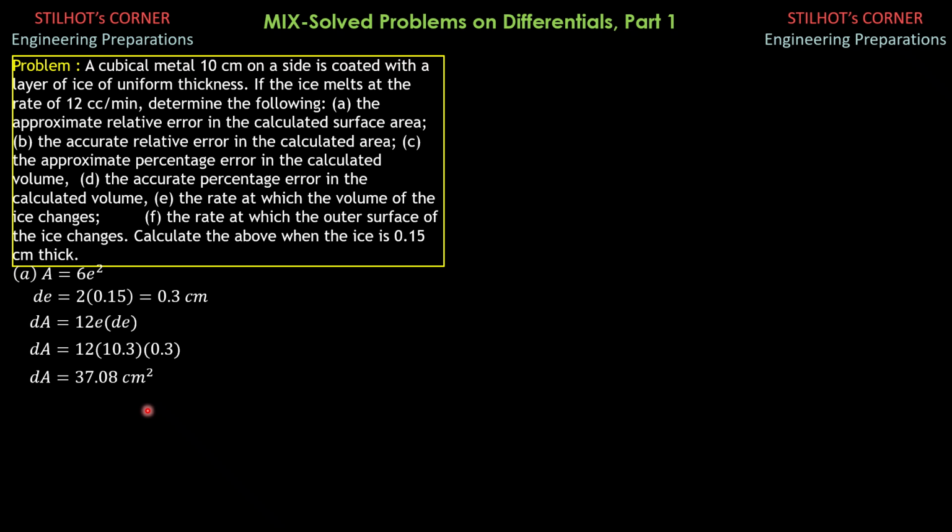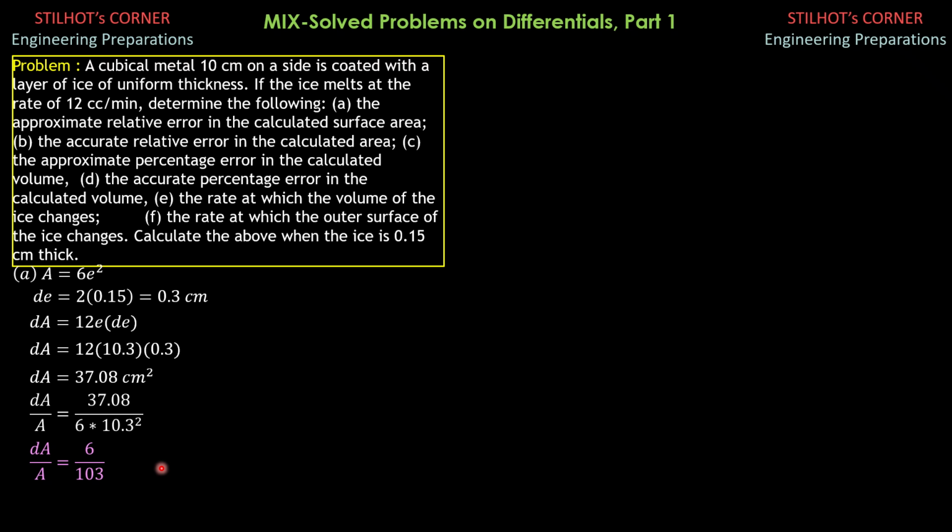37.08 square centimeters. The approximate relative error in the calculated area, therefore, is differential area over area, where area is 6E squared, or 6 times 10.3 squared. So that would be 6 square units per square unit.